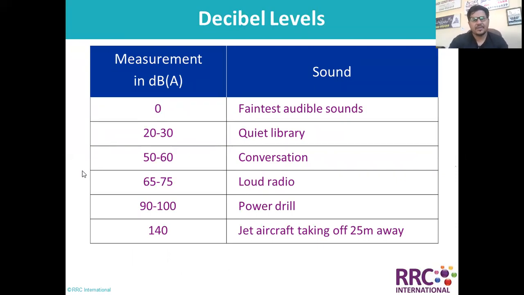Bear in mind, there are decibel levels. At 0 decibel, that means the faintest audible sounds, and 20 to 30 decibel means a quiet library. Even in a quiet library, 20 to 30 decibels are there. And 50 to 60 is the conversation. We are talking to each other, and the loudness is already 50 to 60 decibel.